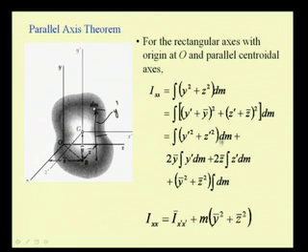What is this term? This is nothing but the second moment of the mass with respect to the x prime axis, because we see that this is of a similar form, and we know that this is the second moment of the mass with respect to xx. So, this term is the second moment of the mass with respect to the x prime axis, which is nothing but a centroidal axis.